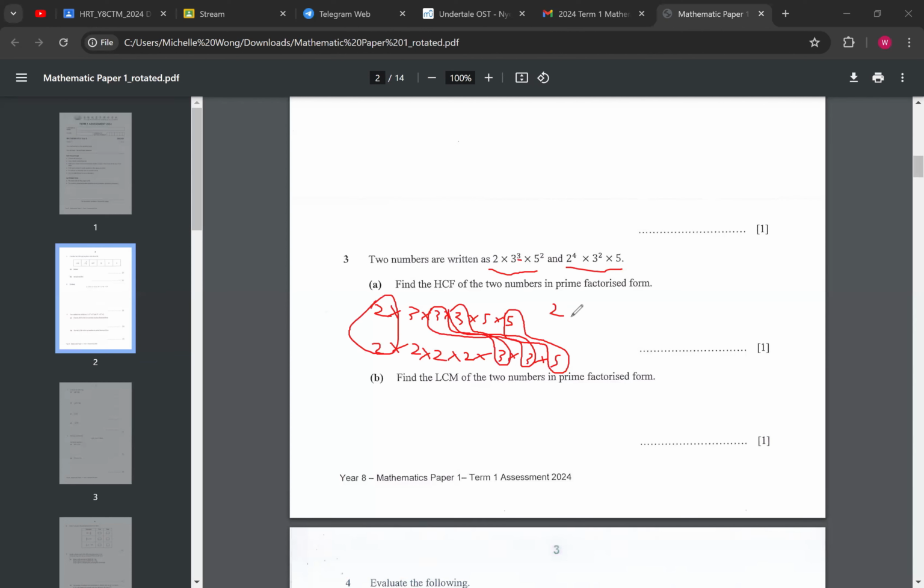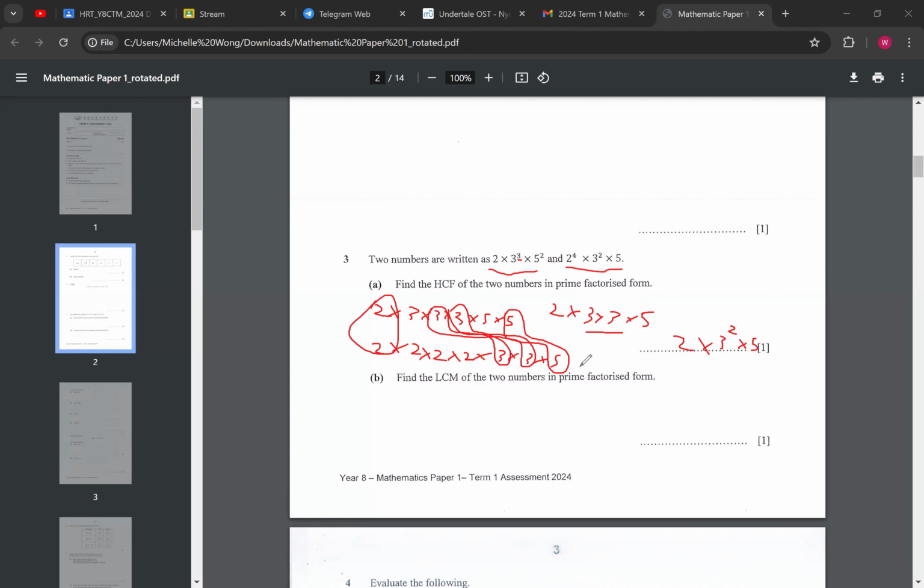So all the similar numbers are 2 times 3 times 3 times 5. So there will be 2 times 3 to the power of 2 times 5, because there are two 3s, it becomes 3 to the power of 2.